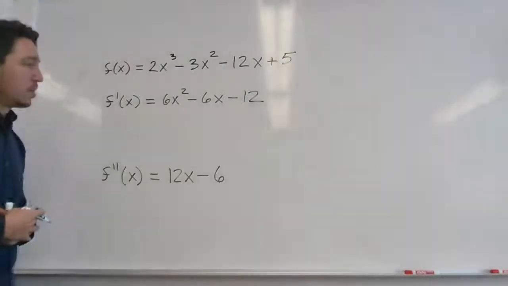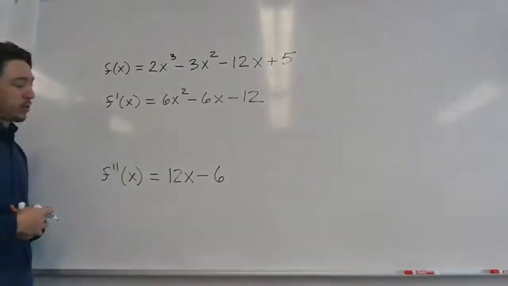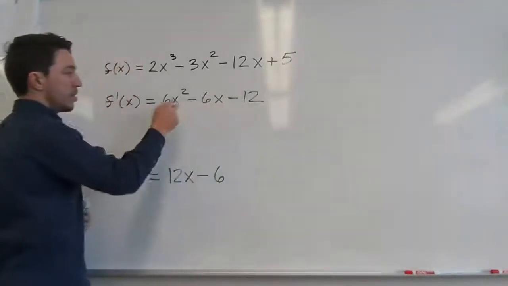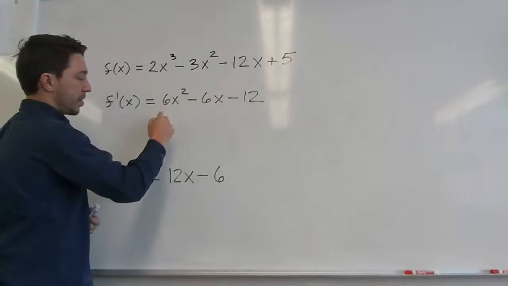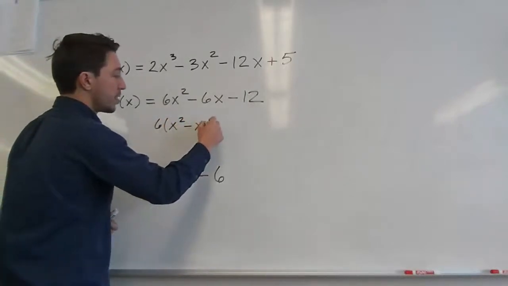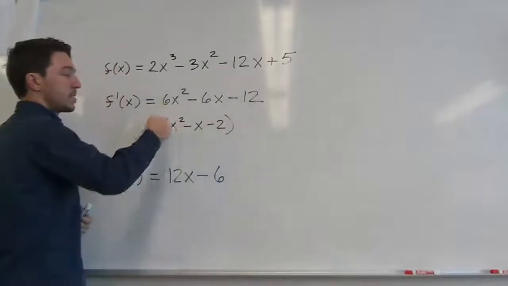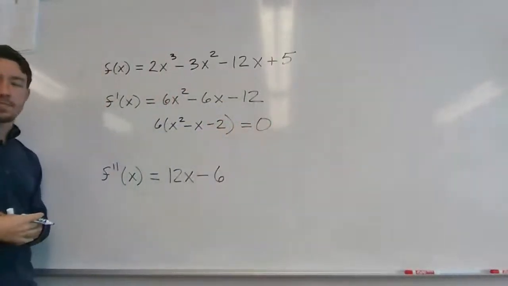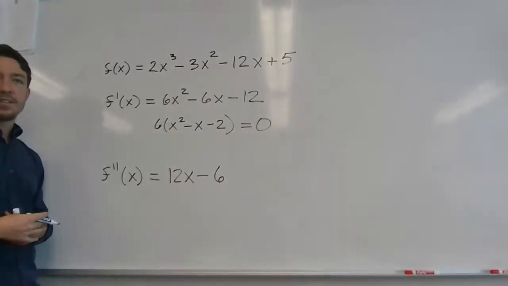Okay, so we got to answer the question now. When does this thing equal 0? As I'm setting up that question, I'm going to do two things at once. I'm going to factor out that 6 as I'm setting it equal to 0, just to save myself a little bit of energy.